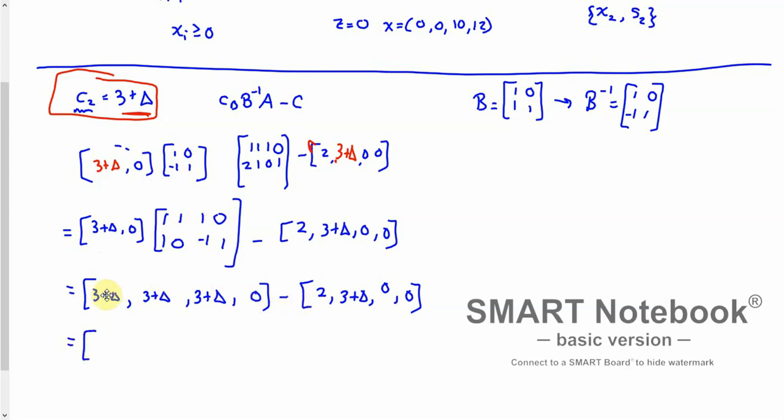When I subtract vectors like this, I just do each piece one at a time, each entry. So the first entry minus the first entry, 3 plus delta minus 2 is 1 plus delta. And then the second entry, 3 plus delta minus 3 plus delta, that's just 0. 3 plus delta minus 0 is 3 plus delta, and 0 minus 0 is 0.